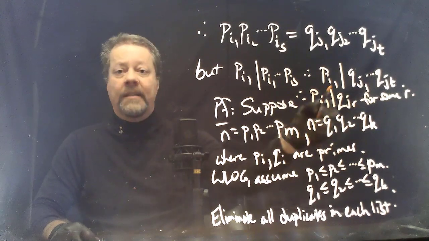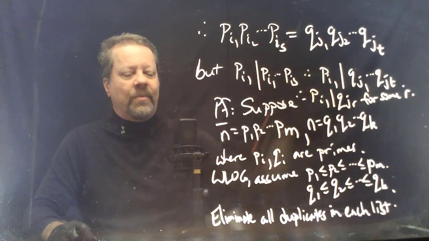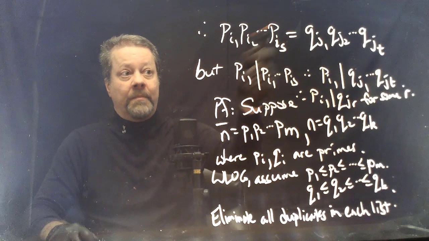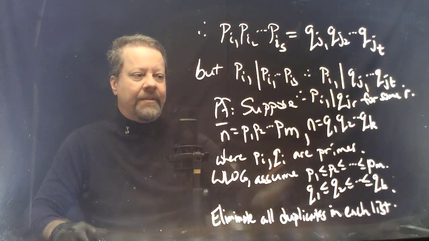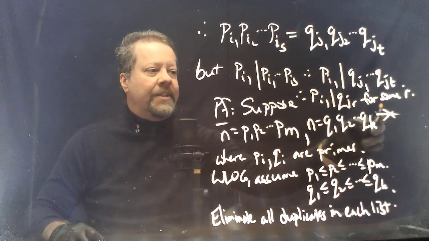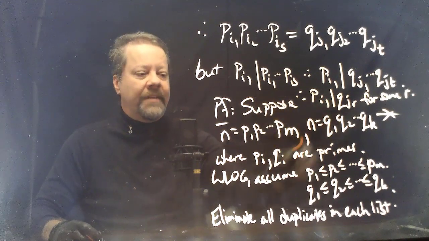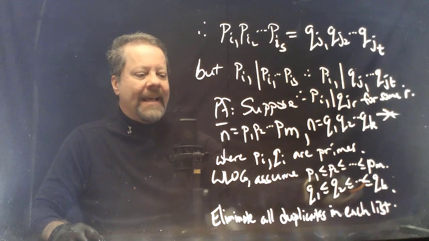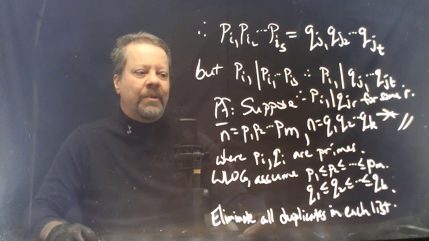This prime divides that prime, which means they're the same, which means this list wasn't reduced. Unless, of course, we end up with just 1 equals 1, in which case the factorizations are the same. This is a contradiction because these have to be distinct. All of these different primes have to be distinct. We've already canceled out all of the duplicates. And so that completes the proof.